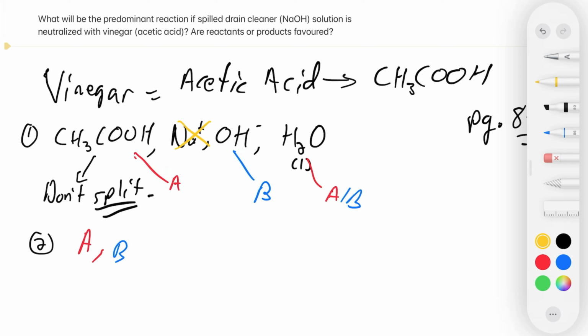Now the third part is we're going to find the strongest acid and the strongest base. The strongest acid is going to be the one that's closest to the top left, and the strongest base is going to be the one that is closest to the bottom right.